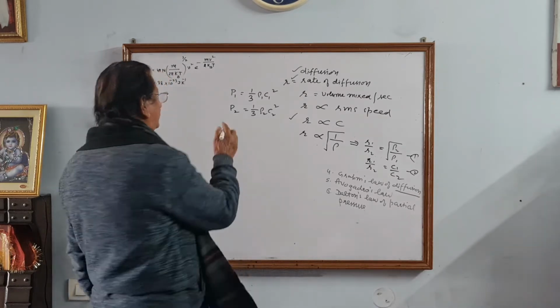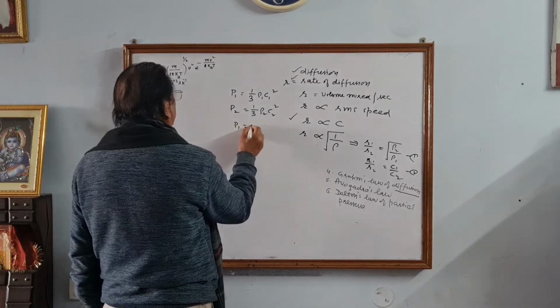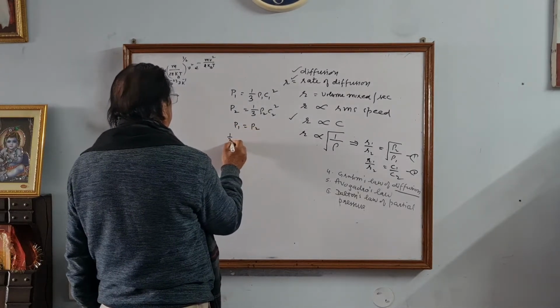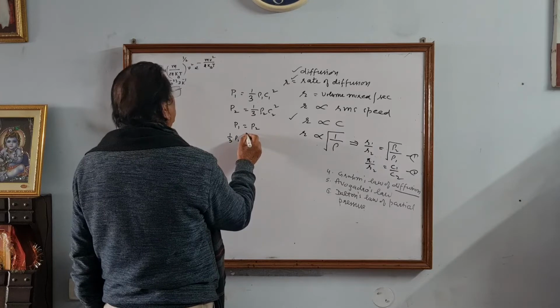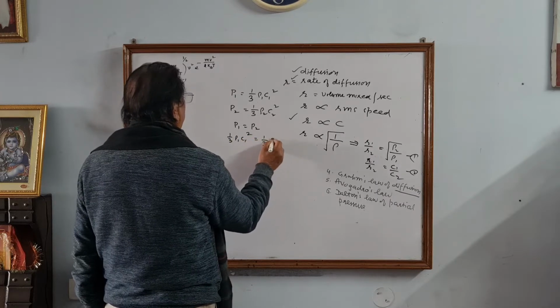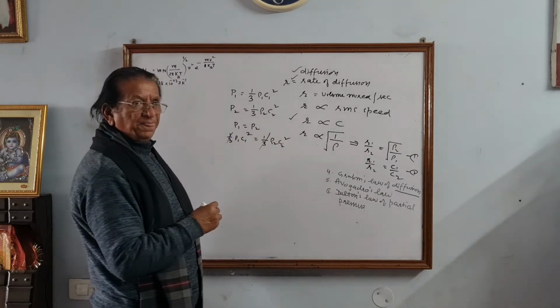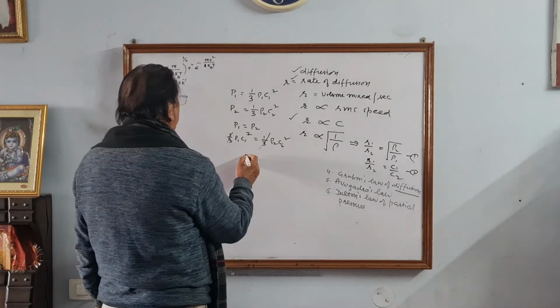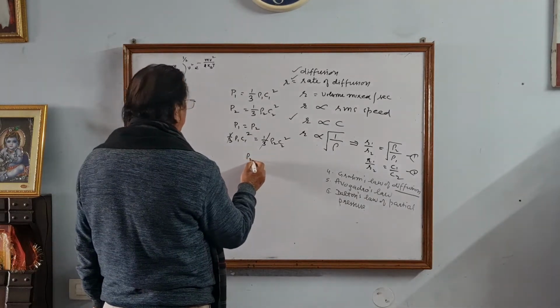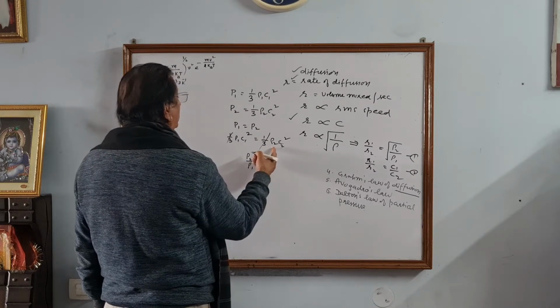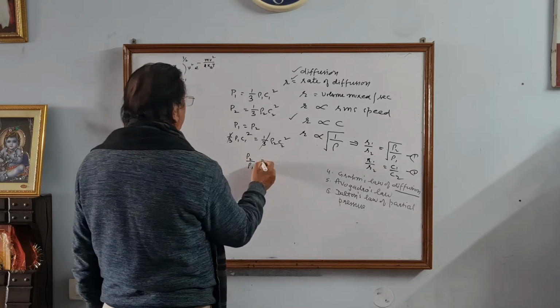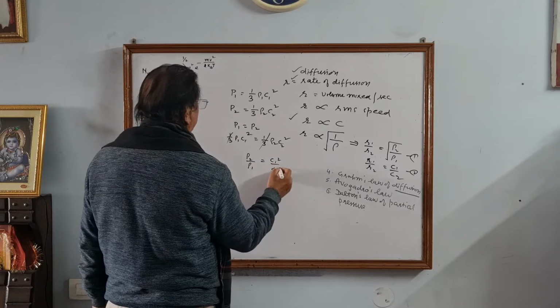So P1 will be equal to P2 in equilibrium, which means 1 by 3 rho 1 C1 square is equal to 1 by 3 rho 2 C2 square. 1 by 3 gets cancelled. Then rho 2 by rho 1 will be C1 square by C2 square.